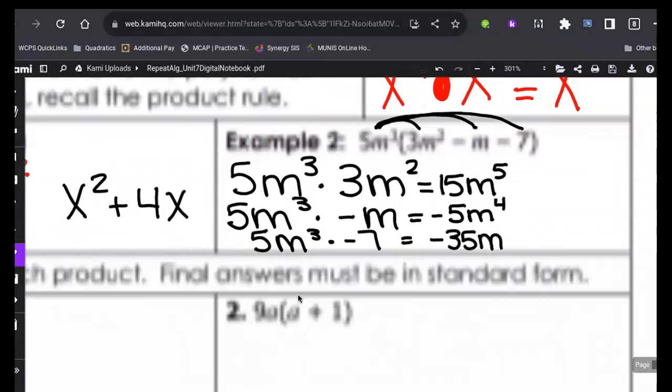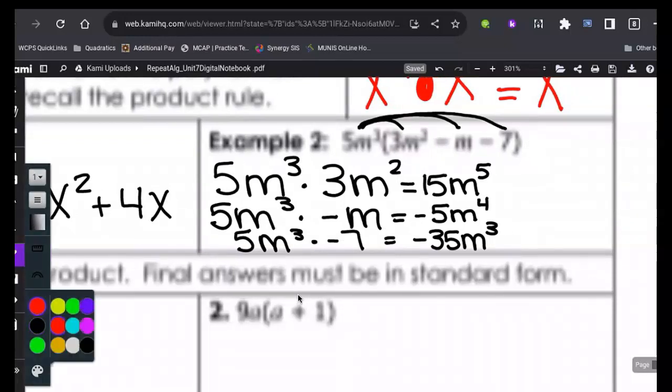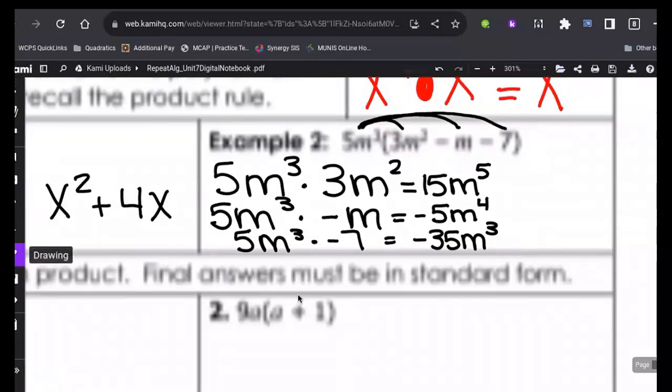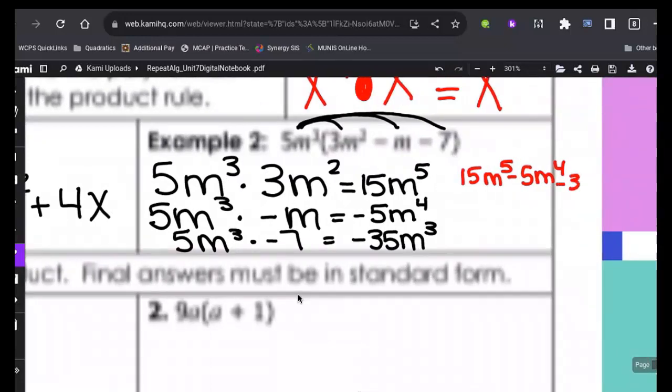And then m to the third power. So notice we don't have any m's with the 7. So we just have 3 from the first term. So our final answer, 15m to the fifth power minus 5m to the fourth power minus 35m to the third power. So we just write out all of the terms that we get when we distributed our first term.